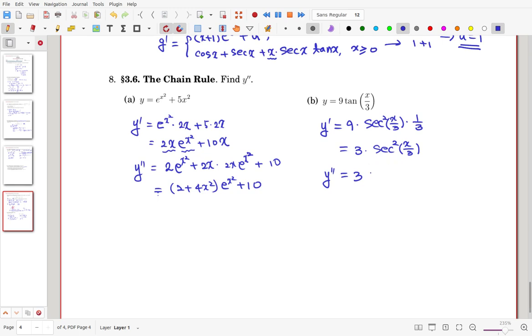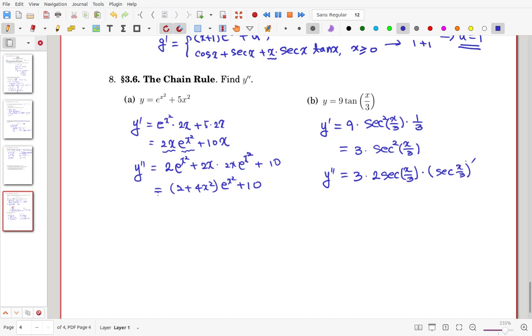So the derivative of u squared is twice u, that is sec x over 3, and we have to put here sec x over 3 prime, the x derivative.